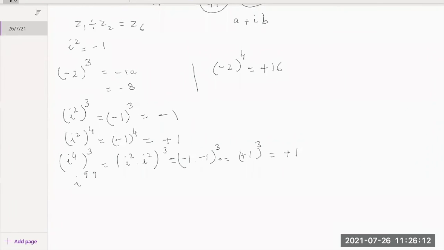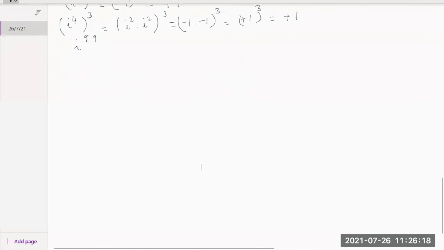This is there in your book. Now, I can write it in two ways. How am I going to express it? First, I know the value of i squared. So I'm going to write i to the power of 99 as i to the power of 49 times 2 plus 1.